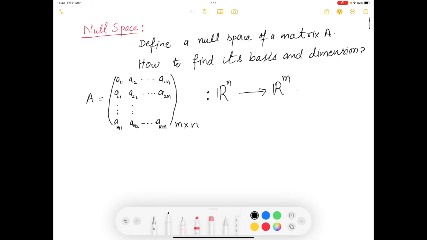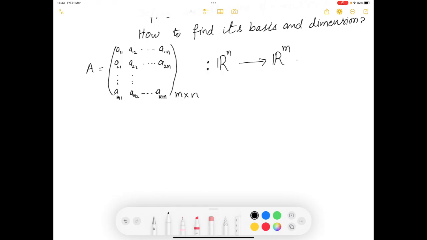meaning we have a vector x1, x2 up to xn.